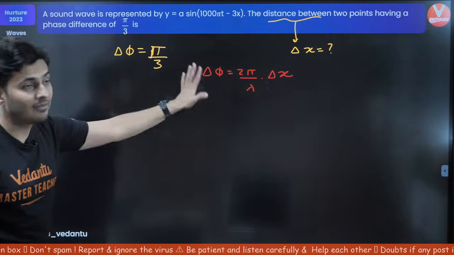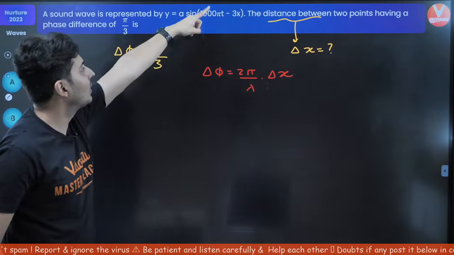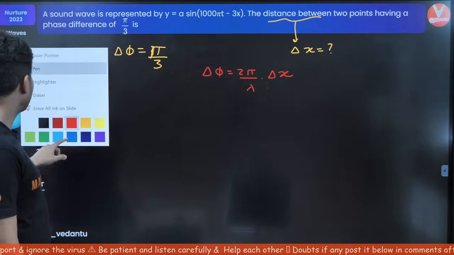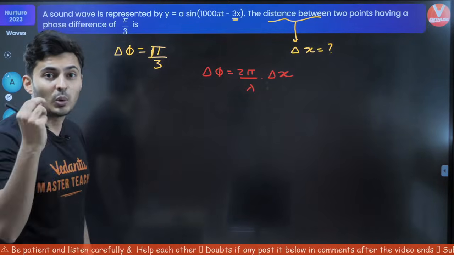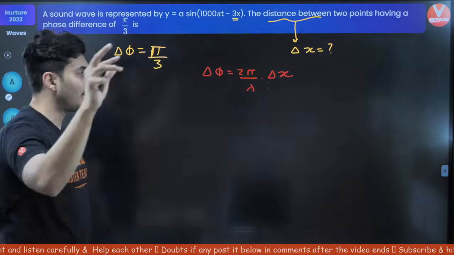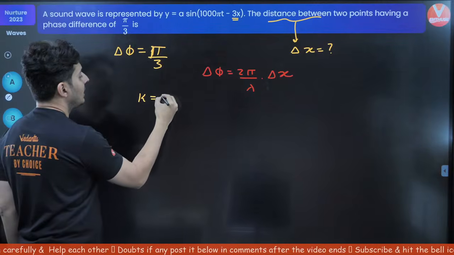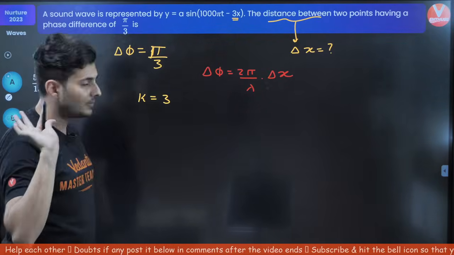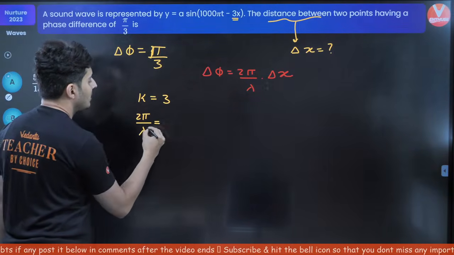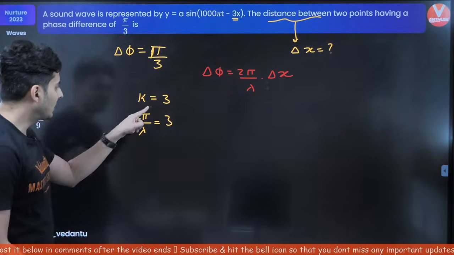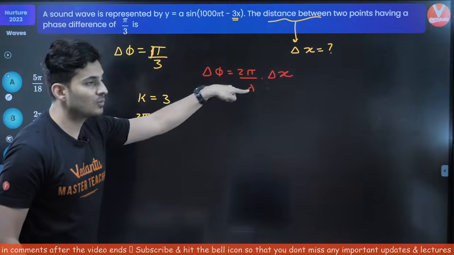That means I need wavelength. How do I get wavelength? If you look at this expression carefully, you will realize this number 3 is actually the coefficient of x. That means it is k. So here k is 3 just by comparison. If k is 3, 2 pi by lambda is basically 3, and that's what I need over here.